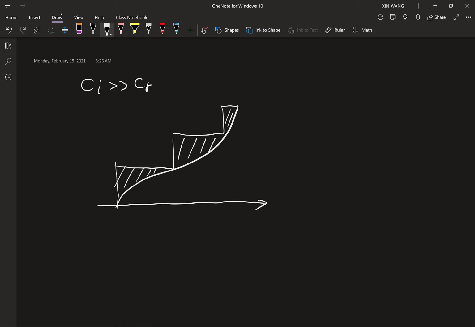If we do not have the condition that the inventory waiting cost is much larger than the rent cost, we have to consider them at the same time. In that case, the load each time we ship is related to the rent cost. So remember, in our dynamic programming algorithm, we introduced the decomposable problem.